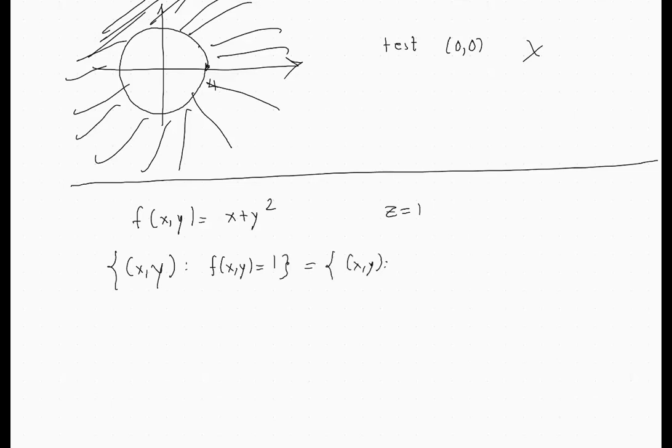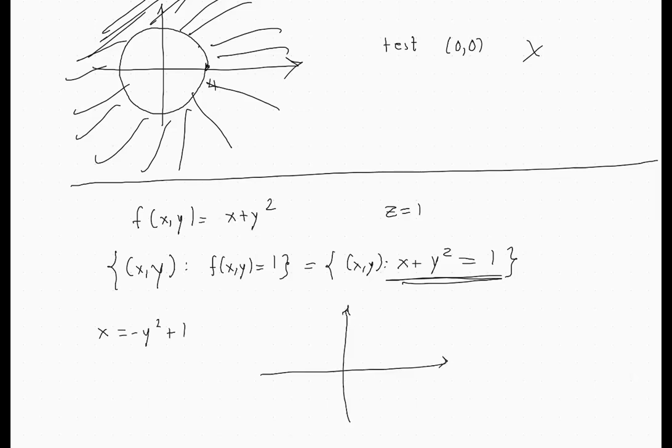And now pretty much you're back to pre-calc and ask yourself, what does this equation represent? The best way to understand it is to write it as x equals minus y squared plus 1. Because you can think now of the y-axis as the axis of the independent variable, and the x-axis as the axis of the dependent variable.